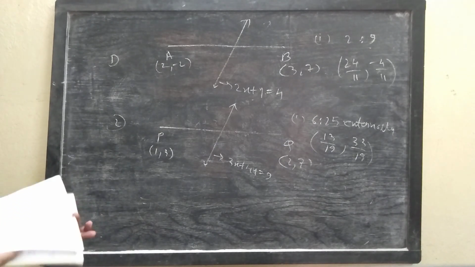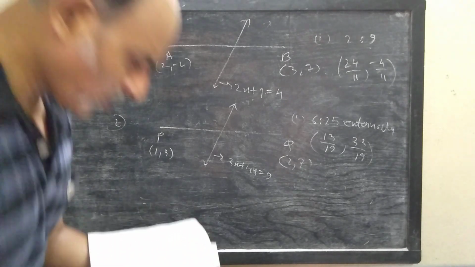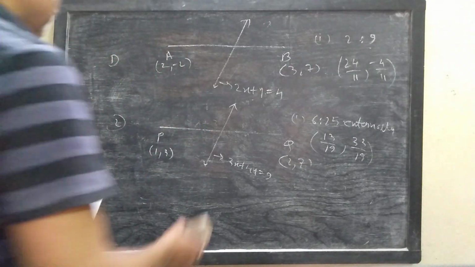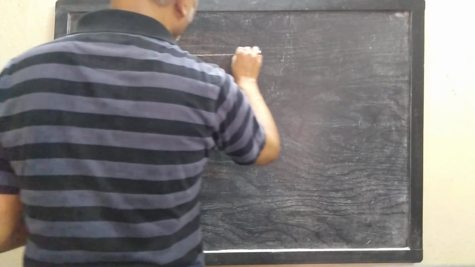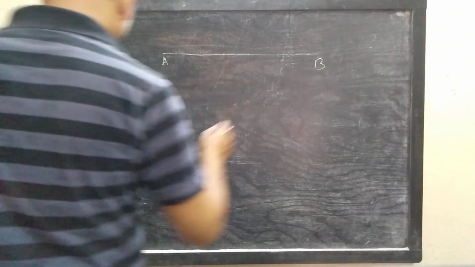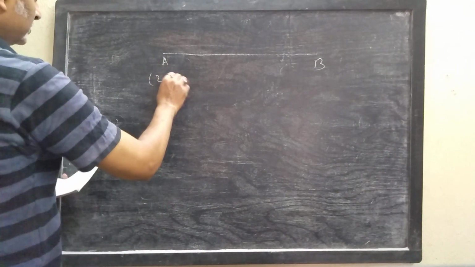Next question, find the coordinates of the points of trisection of the line segment joining this. This is A, this is B. Point A has coordinates (2, 3).